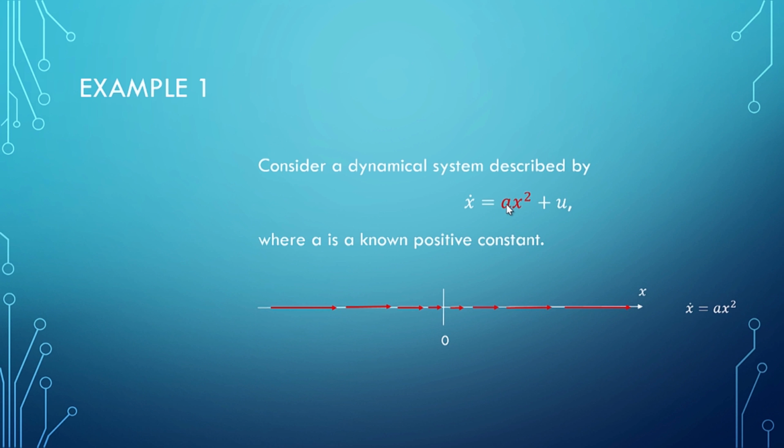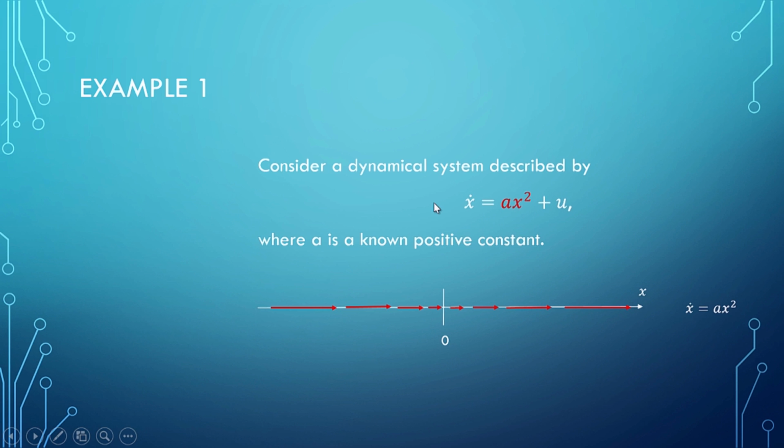For example, if this dynamics is trying to describe a car, A could be the mass of the car, and A is a constant. Imagine if you know the mass of the car, then you know how to design your control input. For example, how much gas you need to put into the car to generate some desired acceleration.